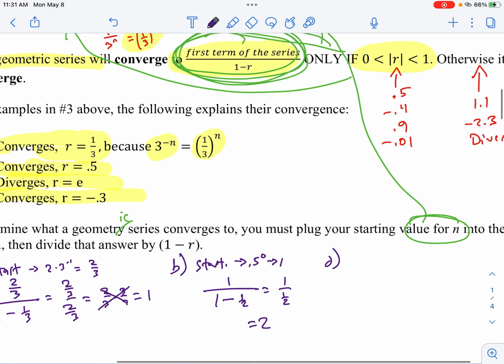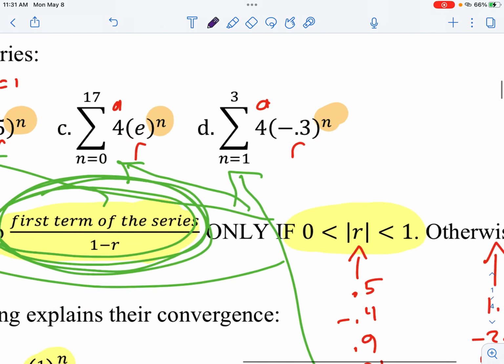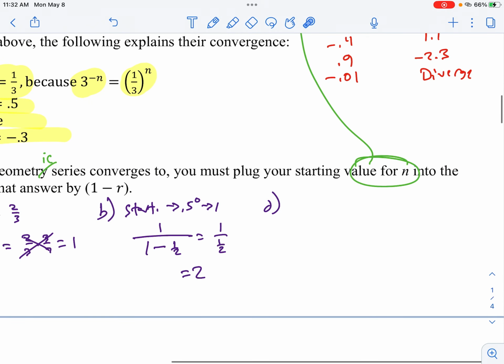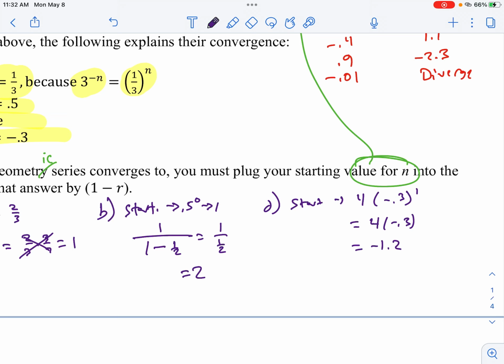And now let's look at letter D. So letter D, zoom in here, starts at 1, so we're going to plug 1 in for n, so 4 times negative 0.3 to the 1 power. So here we go. Start is 4 times negative 0.3 to the 1 power, which is 4 times negative 0.3, which is negative 1.2.